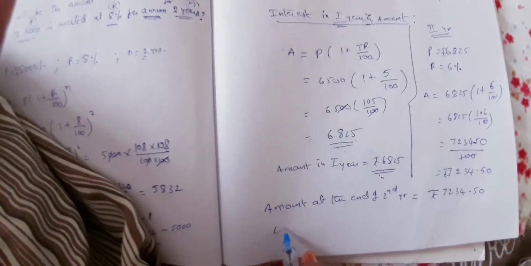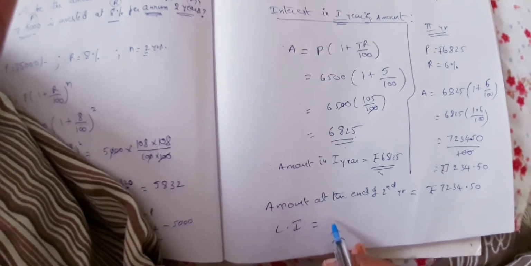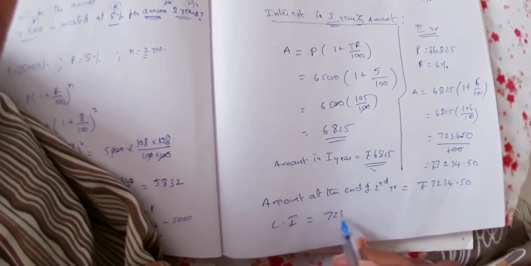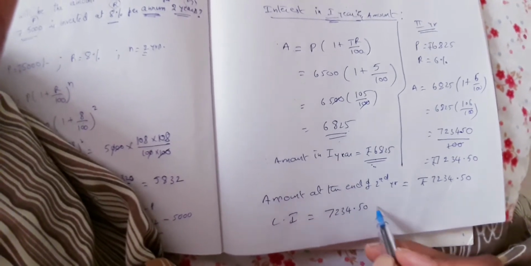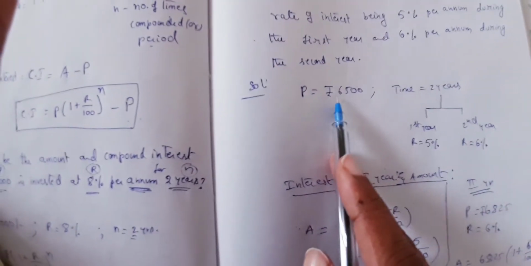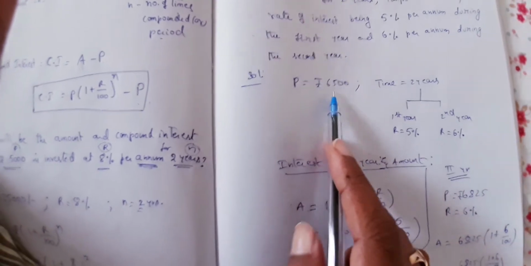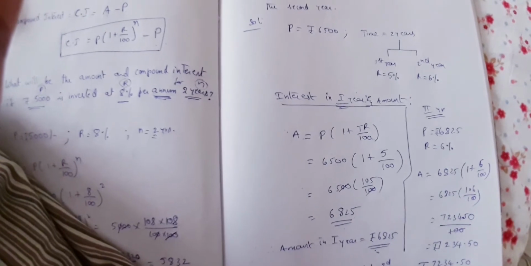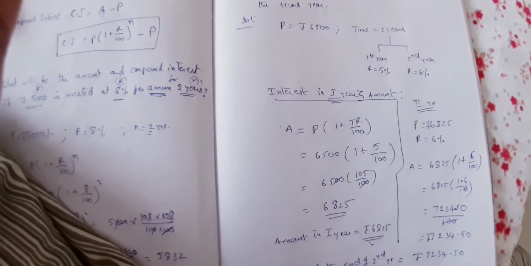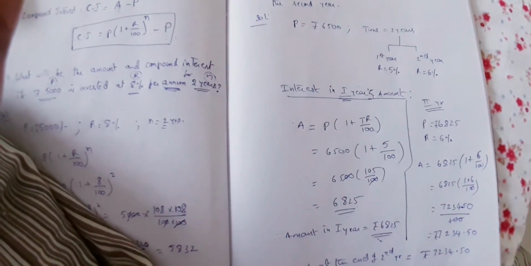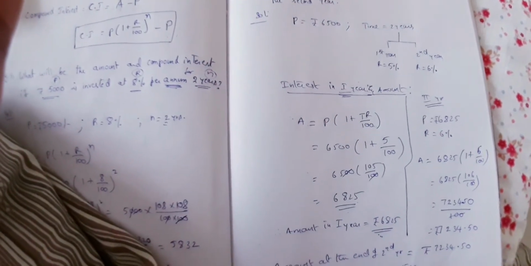Now compound interest is equal to the net amount, that is 7,234.50, minus the principal amount. What is the principal amount? The actual amount we borrowed, that is the principal amount. So that is 6,500.